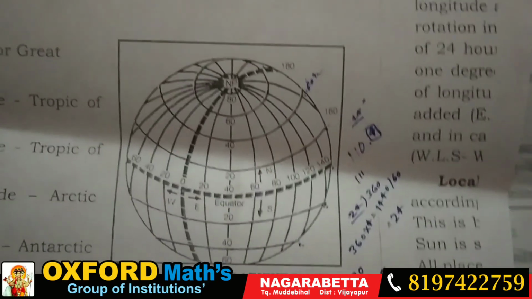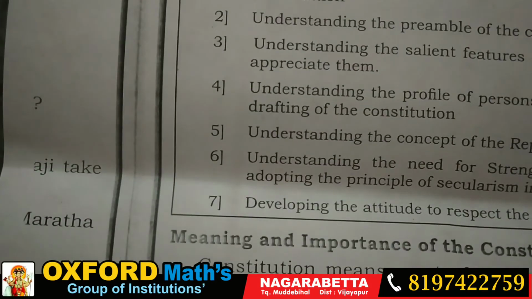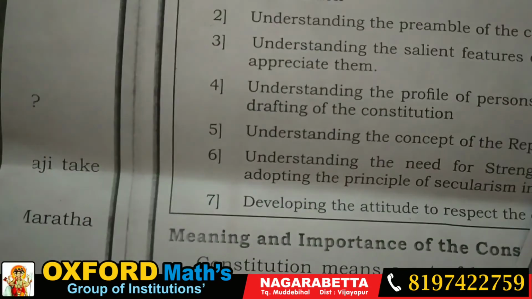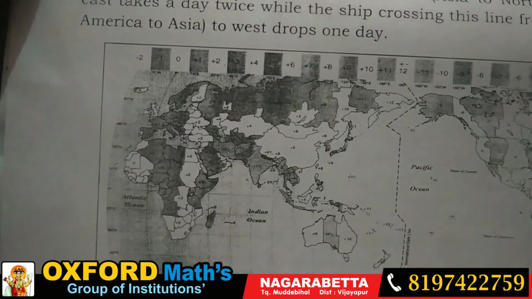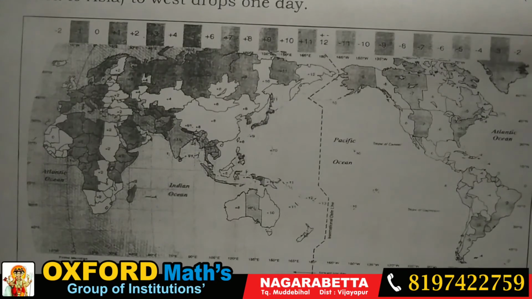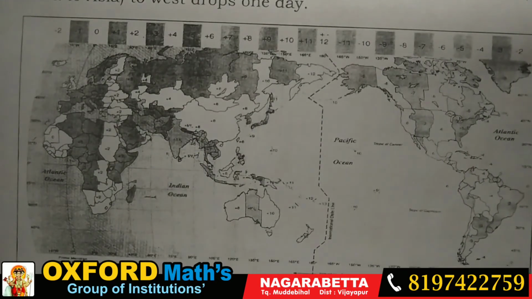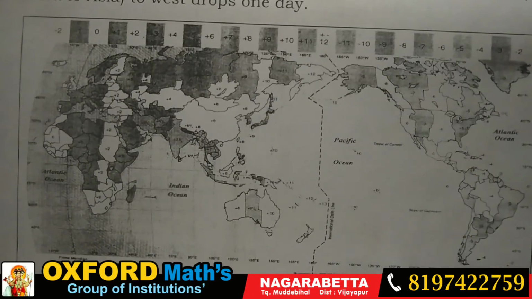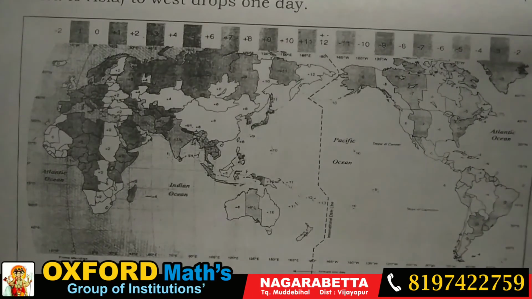Now I am going to explain another concept regarding time: the International Date Line, and how it is calculated. This is how we divide the time zones. The timing is given for 24 hours, so when the earth rotates 0 to 15 degrees, it is considered one zonal hour.